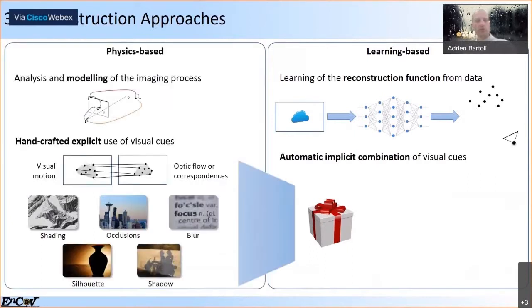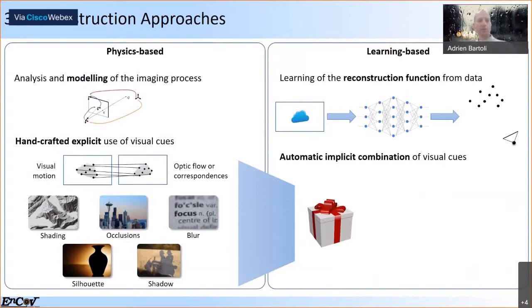The other approach, which is older somehow, and which has also been used very successfully, which we could call the physics-based approach, is based on explicit analysis of the visual cues. Typically nowadays, this would be called the handcrafted approach, where we search the images for visual cues that tell us something about 3D.